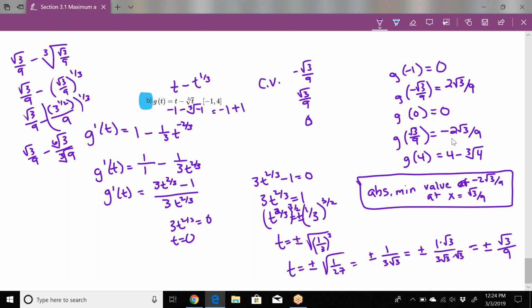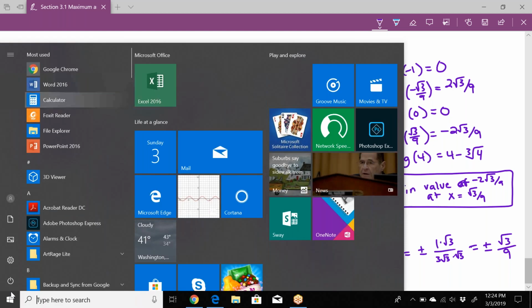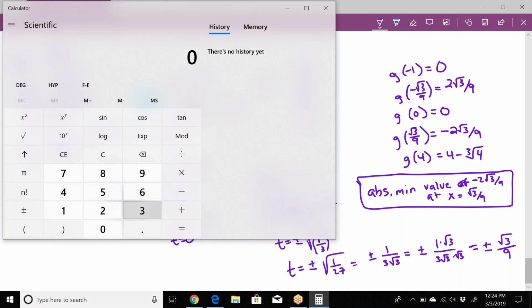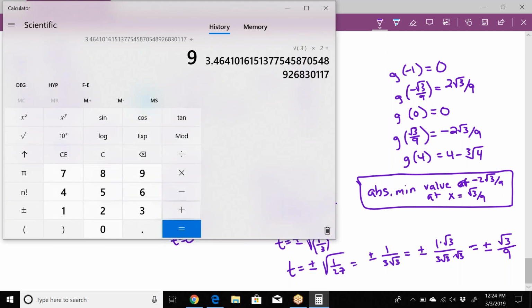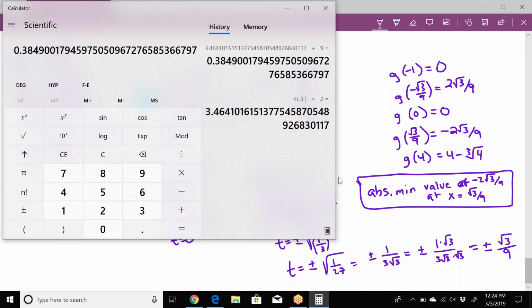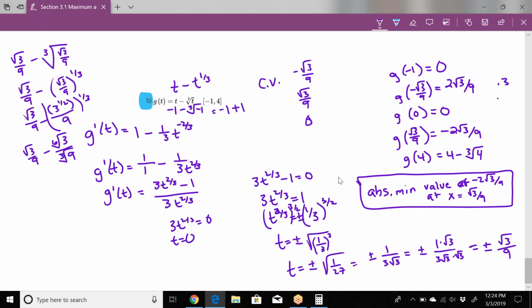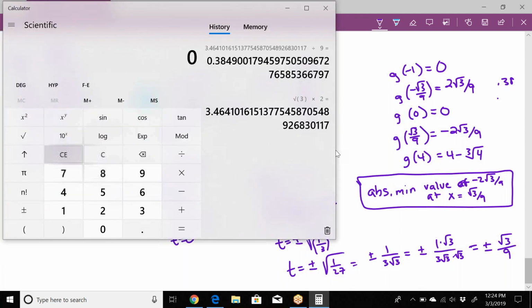Now the question is, is this or this larger? So let's get our calculator out and do a comparison. If we have square root of 3 times 2, and then we divide that by 9, notice that's 0.38. Let's do the one with 4 minus the cubed root of 4.